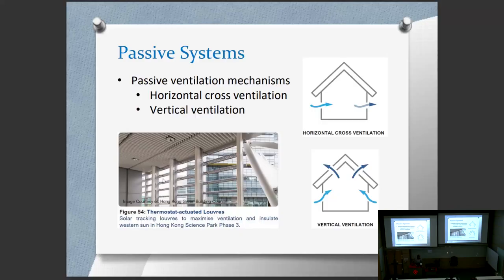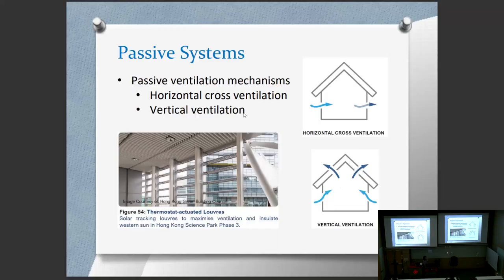But elsewhere, like in rural areas, it is more possible to utilize natural ventilation. For natural ventilation, we may have horizontal cross ventilation, which relies on the pressure difference created by wind to drive the airflow.